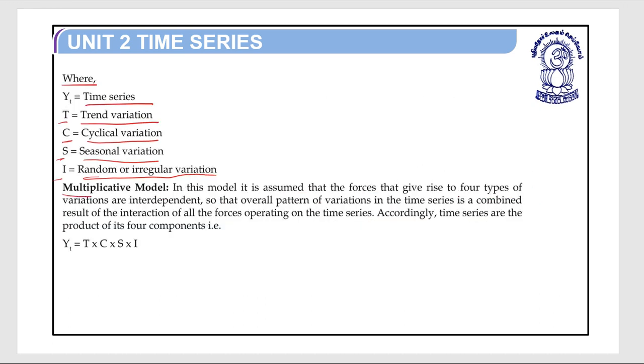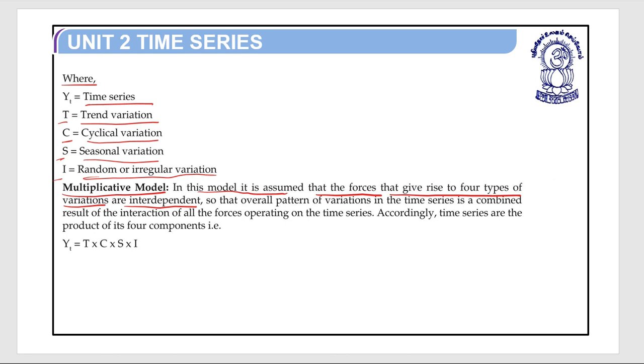Now, second one is the multiplicative model. Multiplicative, the name suggests, means multiplication. So, here we have to take the multiplication of these four components. In this model, it is assumed that the forces that give rise to the four types of variations are interdependent.